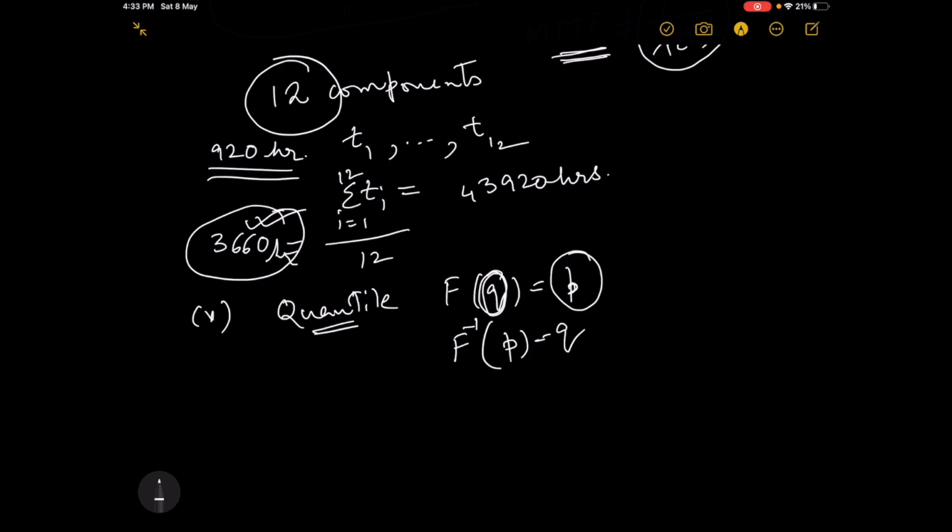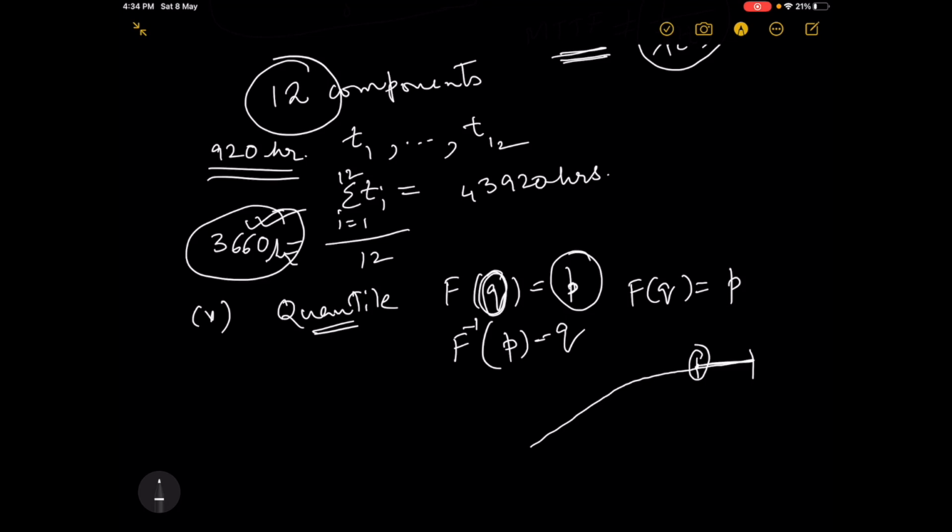If the CDF is flat over some interval, then we define Q as the earliest time for which FQ will be equal to P. Right? If the CDF, we know, is an increasing function, but somehow in some portion it becomes flat, then for the portion where it starts to become constant, the quantile will be taken as the earliest time when it started to go flat.